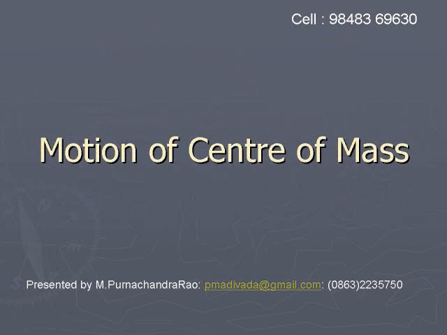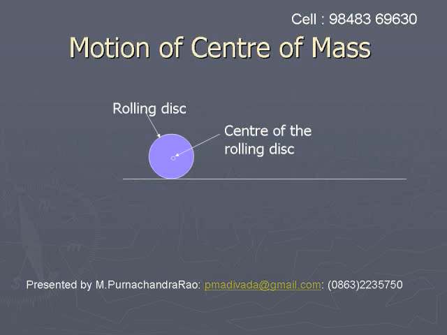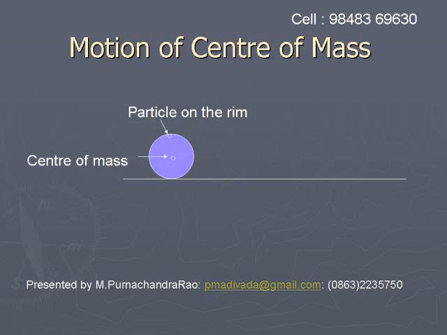Motion of center of mass. Suppose we consider a rolling disc. If we consider a particle on the rim, it moves in a curved path, which is a complicated path.